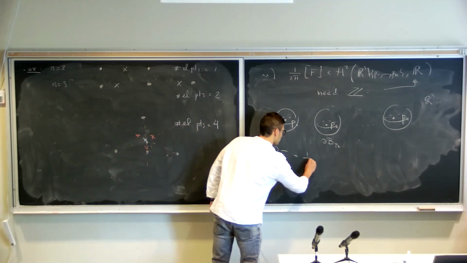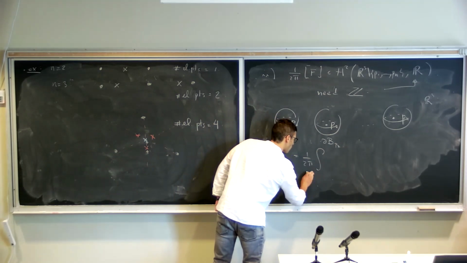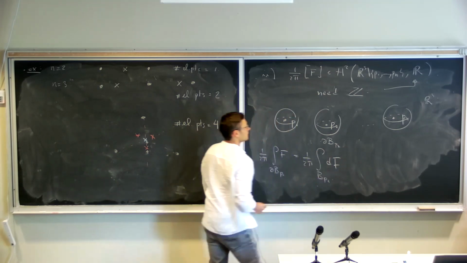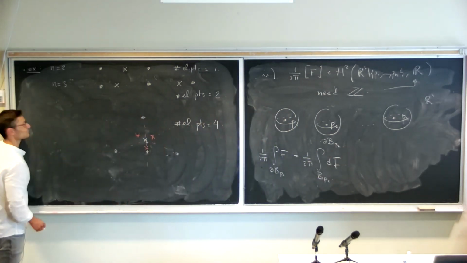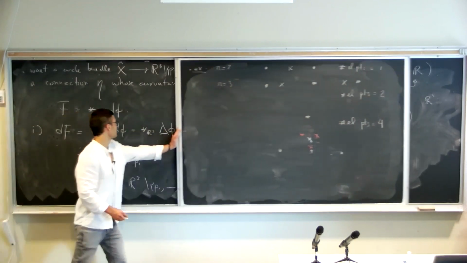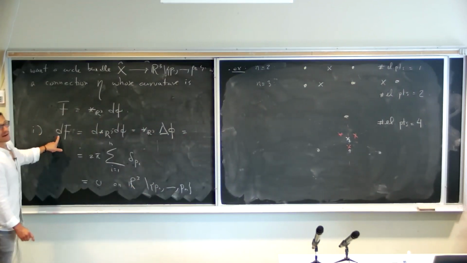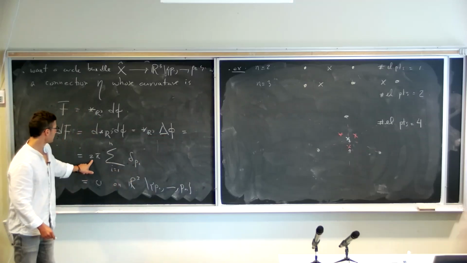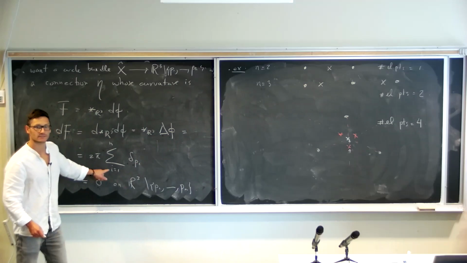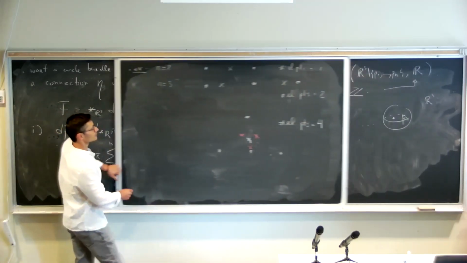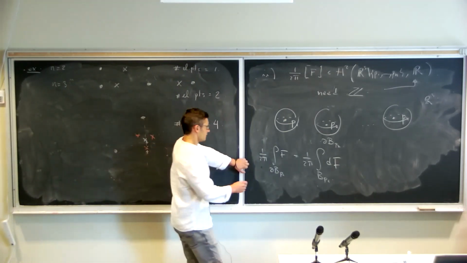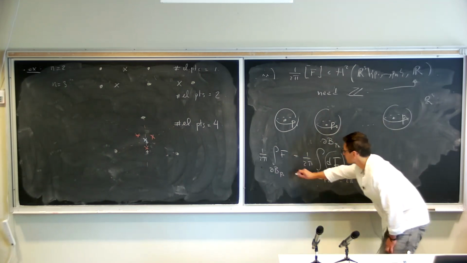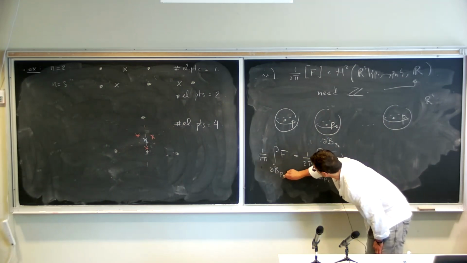And by Stokes' theorem, that's 1 over 2 pi, the integral over the small balls around these points of dF. But what is dF? We computed it here: it was the Laplacian of phi, and that's 2 pi times the sum of deltas, right? Here I'll call it pj.